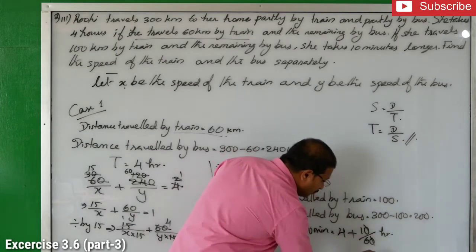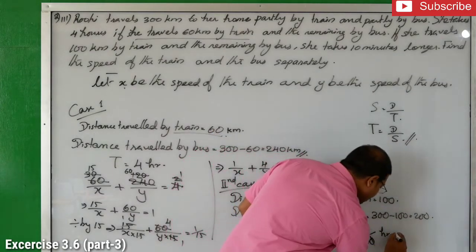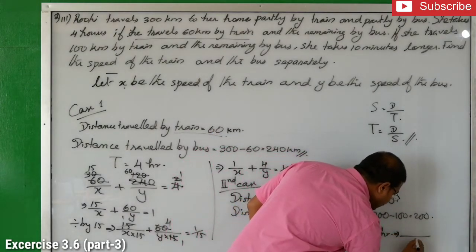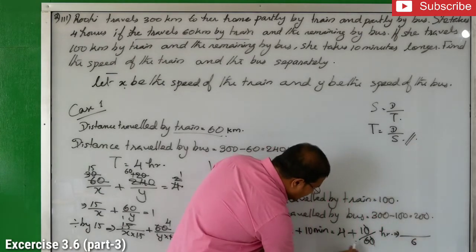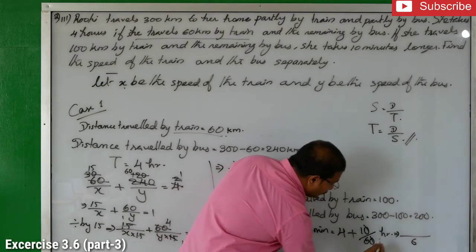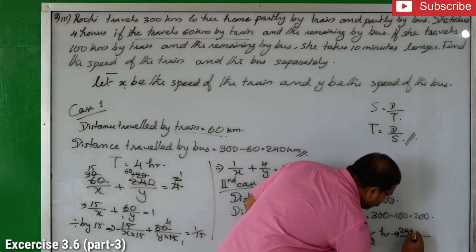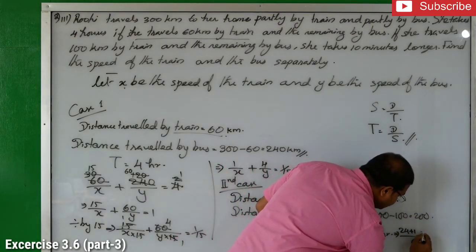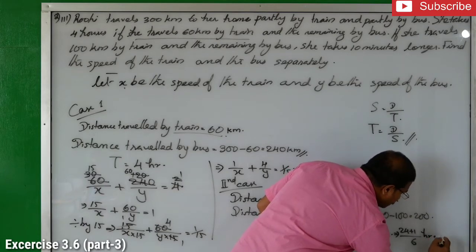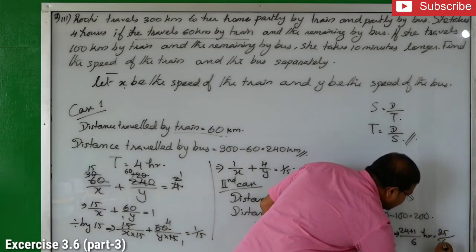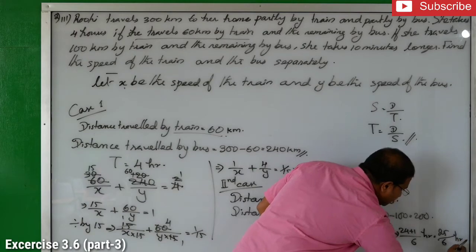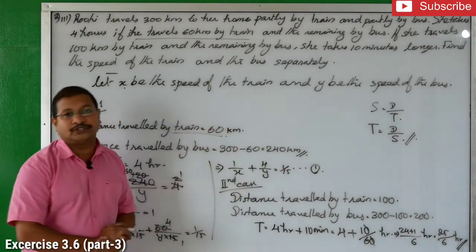Now 0, 0 will cancel. So this implies we'll go for the LCM 6. That means 6 if you take, what will happen? We'll multiply this 2, isn't it? So 6 4s are 24. So 24 plus 1 hour, isn't it? Equals 24 plus 1, that is 25 by 6 hour. This is the time for the second journey.